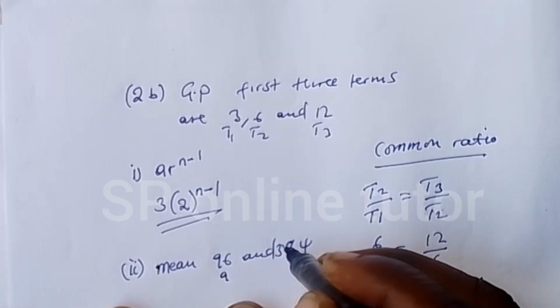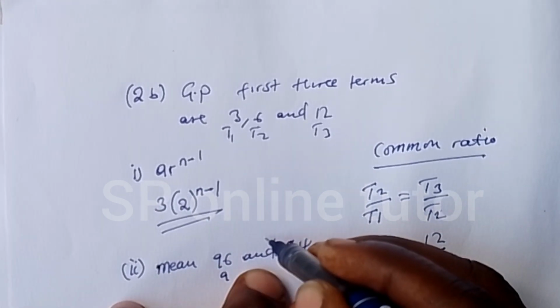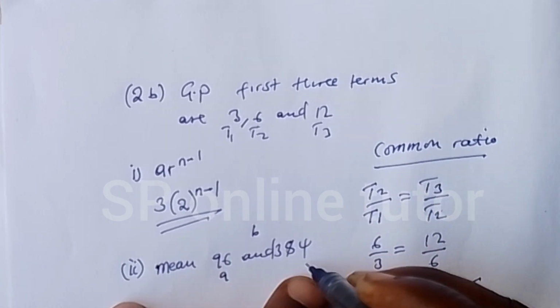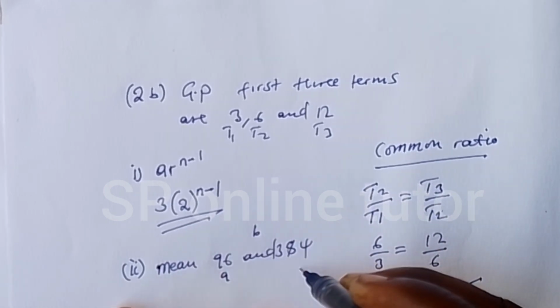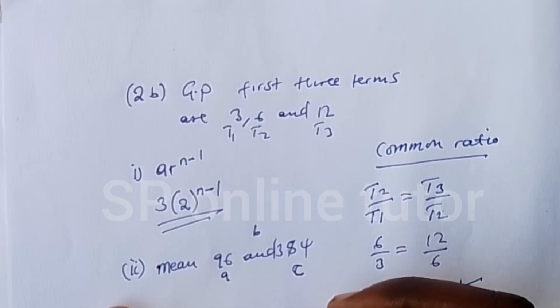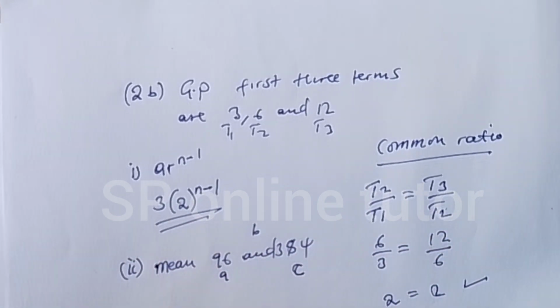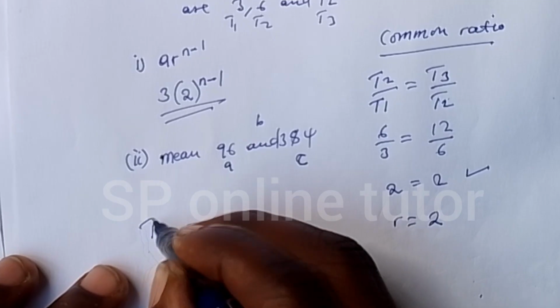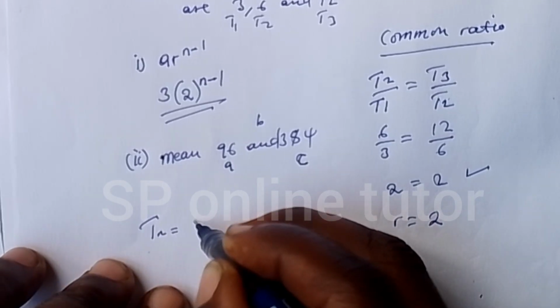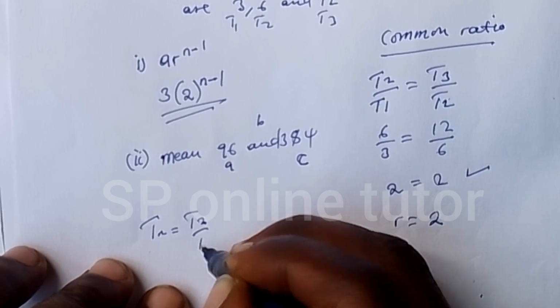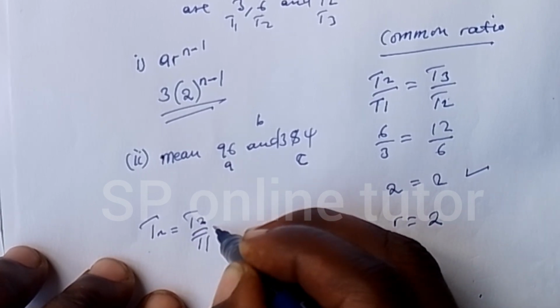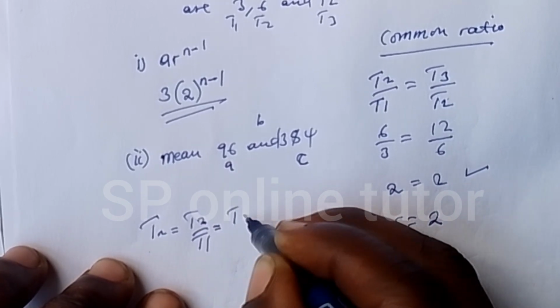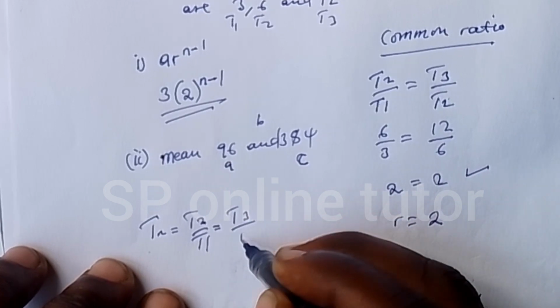This is A, here you put B, and the last term is C. For you to find the geometric mean, you have to use the formula for finding the common ratio, in which it will be T2 over T1, which is equal to T3 over T2.